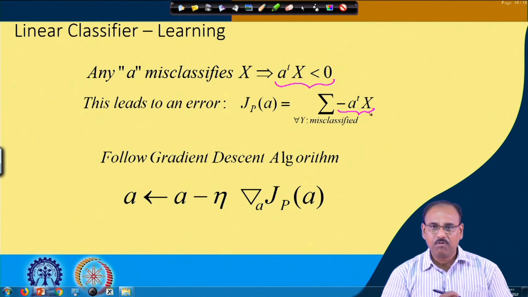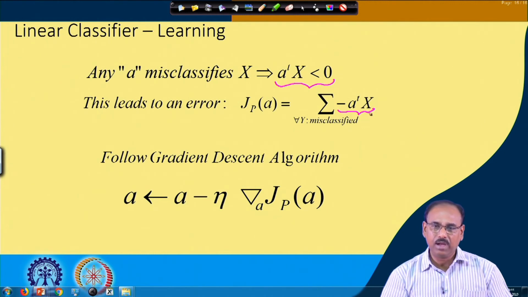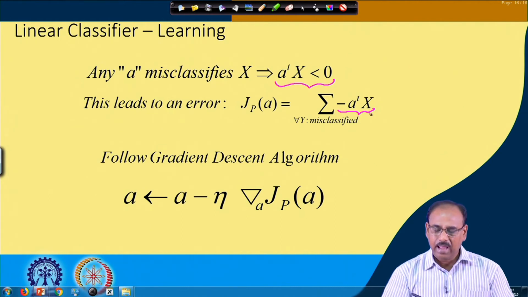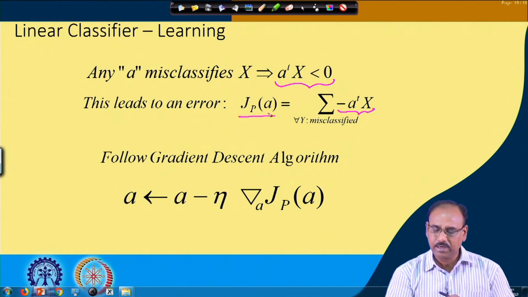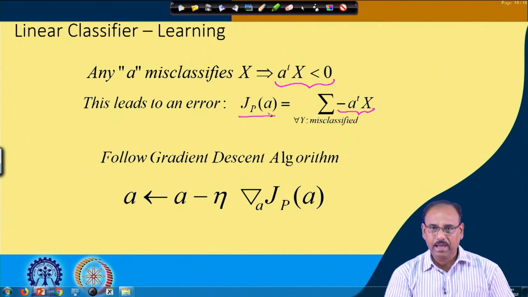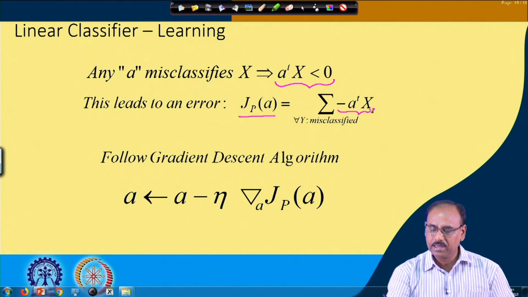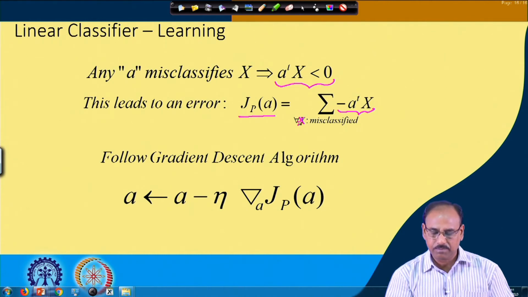So, for a given A, you identify all the feature vectors which are misclassified, that is, all the feature vectors for which A transpose x is negative. Then you define an error function called the perceptron criterion function, J_P(A), as the sum of minus A transpose x, where the summation is taken over all x which are misclassified.